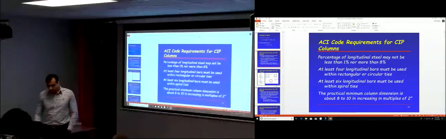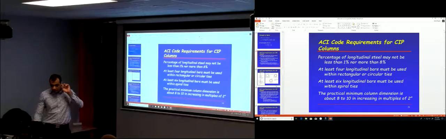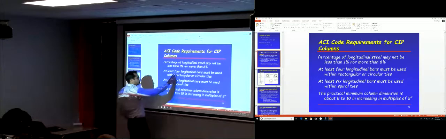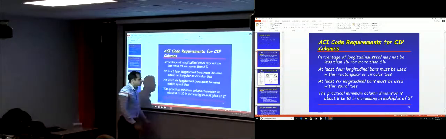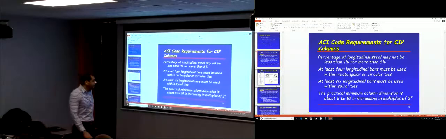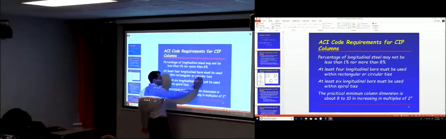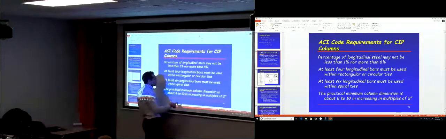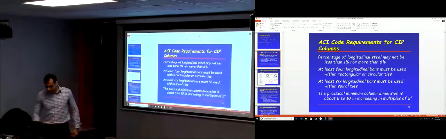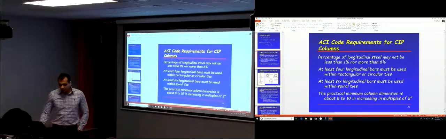The other requirements are for tied columns. For tied columns, you should have at least 4 longitudinal bars. If you have a tied column, even if it's a circular column, but it has ties, not spirals, you should use at least 4 longitudinal bars. So those are some requirements.